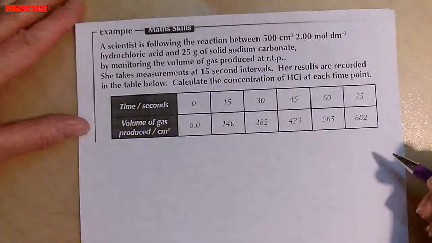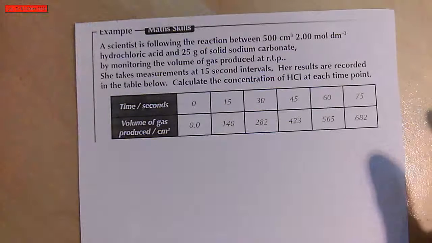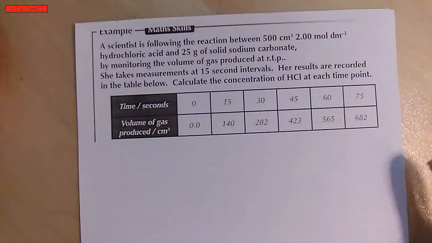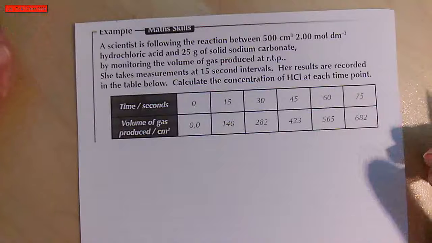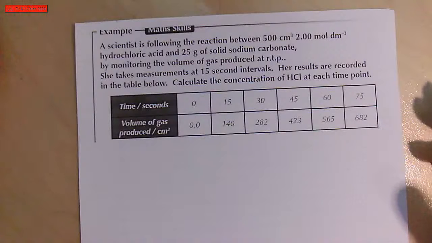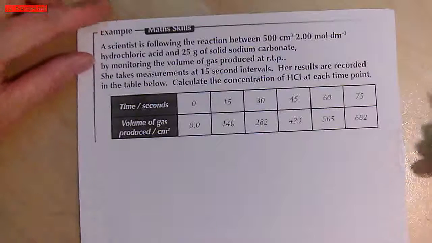So I wanted to go through this calculation on how to calculate the concentration of hydrochloric acid when hydrochloric acid reacts with sodium carbonate. From knowing the amount of hydrochloric acid, we can find the concentration.